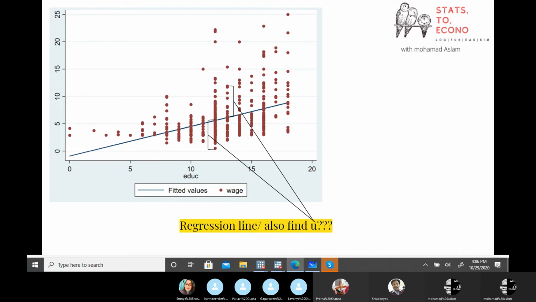If you have a regression line somewhere here, that line has no meaning at all, because our observations are here and the averages of both sample variables are somewhere here. It means that regression line is not representative of this data.